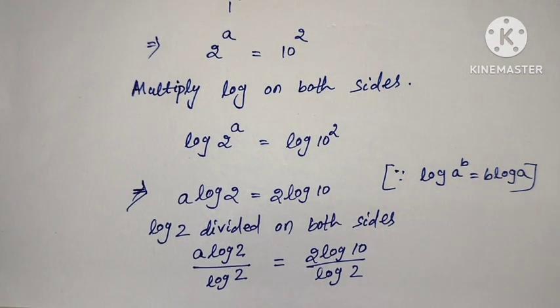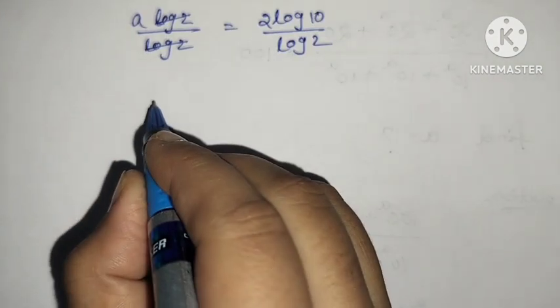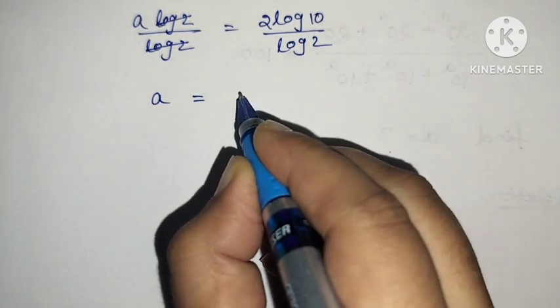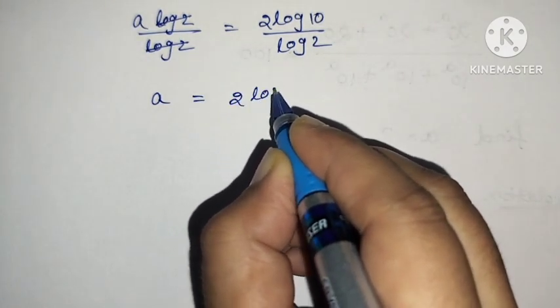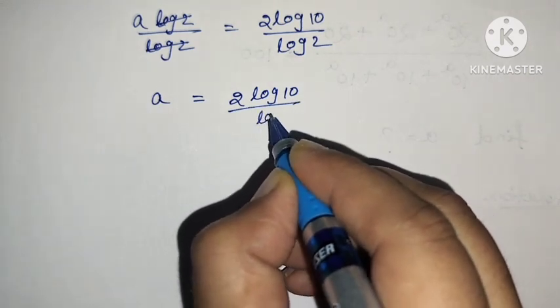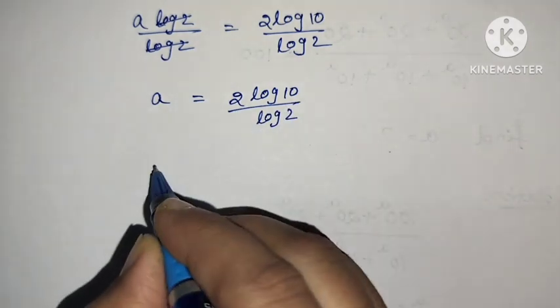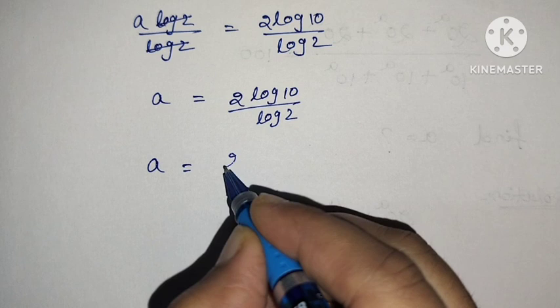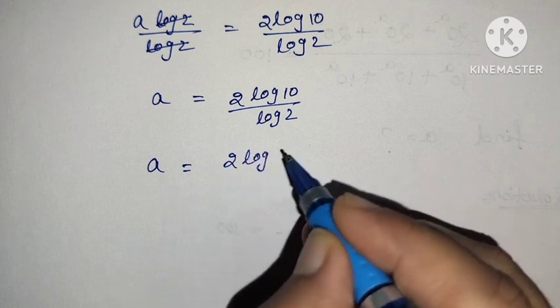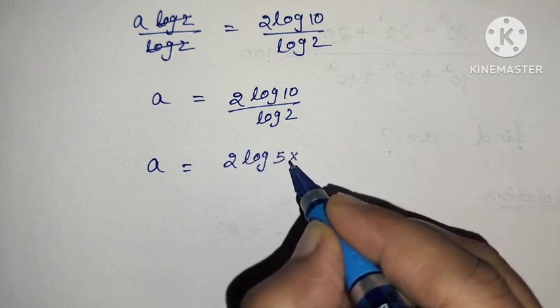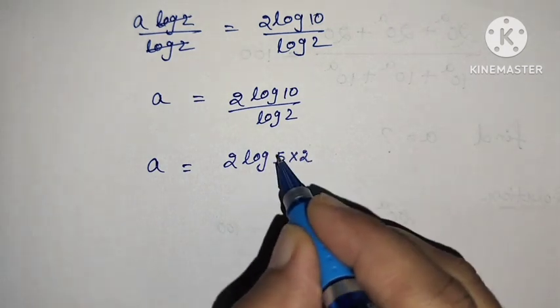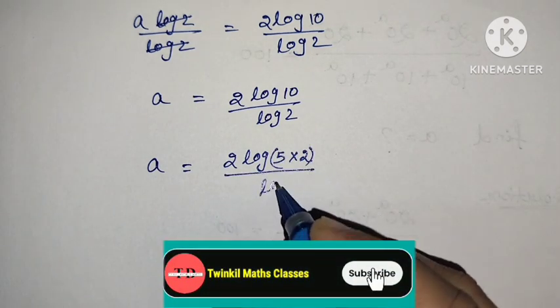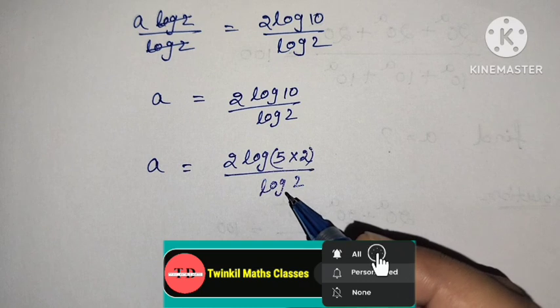Then log 2 is cancel on numerator and denominator. a is equal to 2 log 10 by log 2. a is equal to 2 log 10, 10 is 5 into 2, divided by log 2.